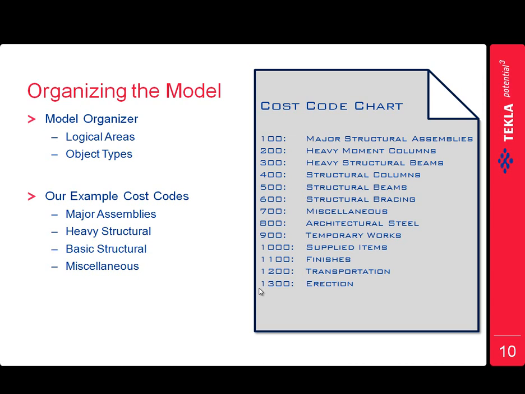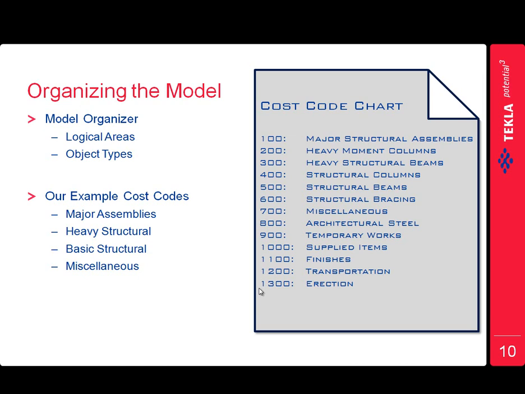So a beam can be a beam and a column in an object type, but it can't be in phase 1 and phase 2. Right. That clear as mud for you? When we get into the model, it'll make a little bit more sense.